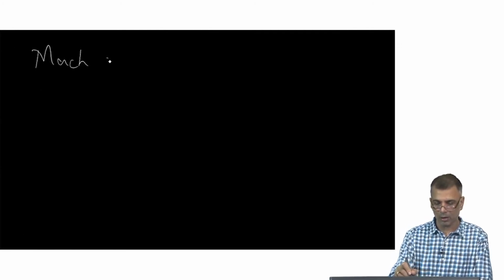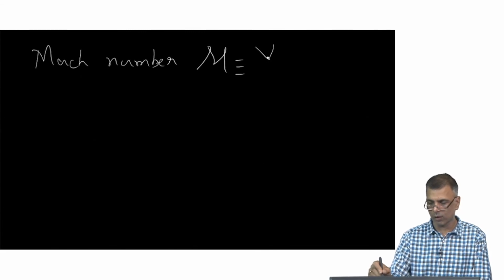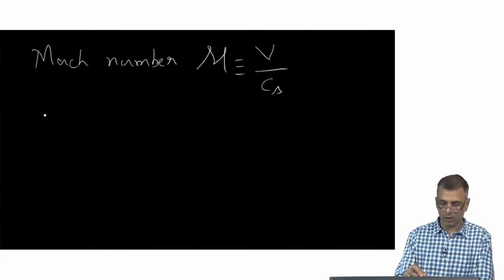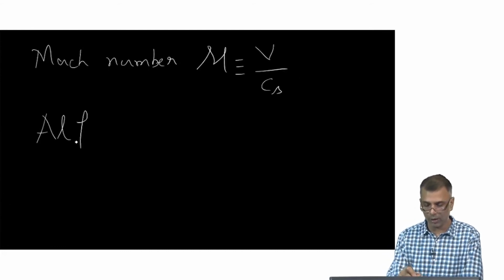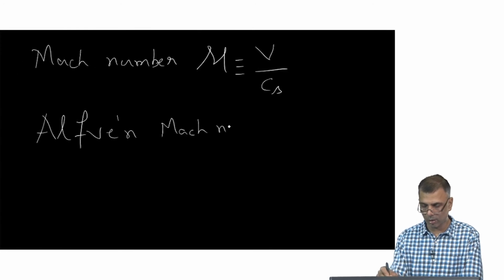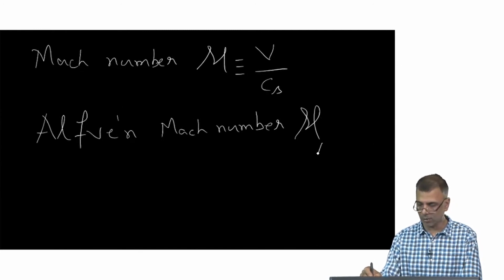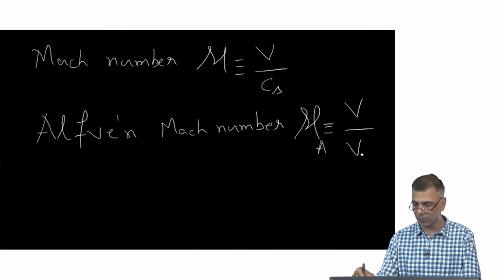Just like we talked about the regular Mach number, which you remember was the ratio of the flow velocity to the speed of sound. In a magnetohydrodynamic situation, there's something called an Alfven Mach number, which is generally denoted with a subscript A, and this is the ratio of the flow speed to something called the Alfven speed.